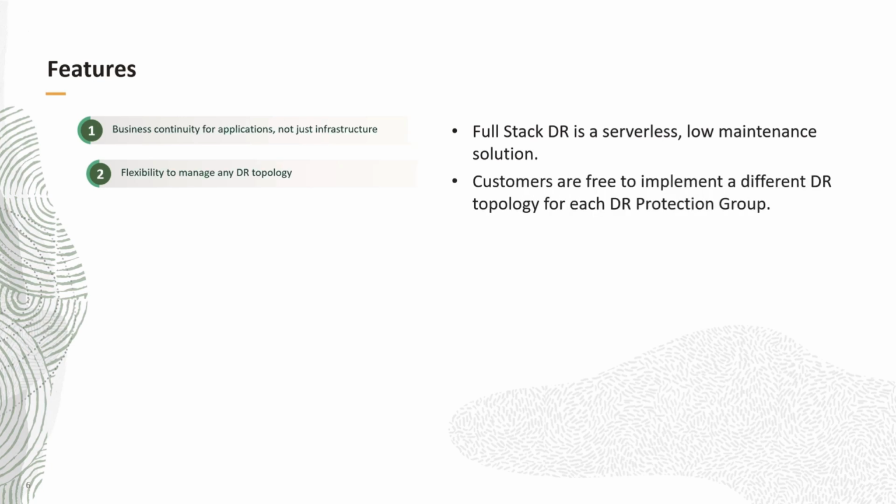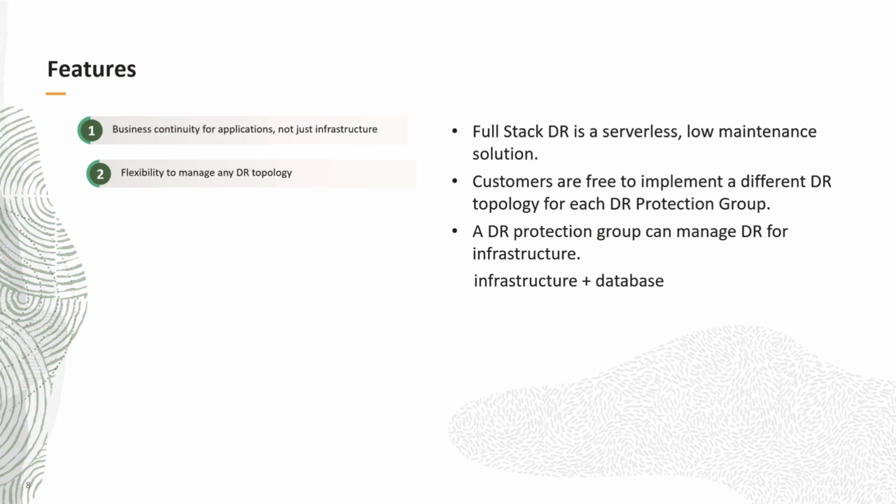Each DR protection group is independent and can manage completely different DR strategies and deployment architectures to meet different SLA requirements. Although not required, Full Stack Disaster Recovery can manage disaster recovery for infrastructure. It can work with any combination of instances, databases, and applications.